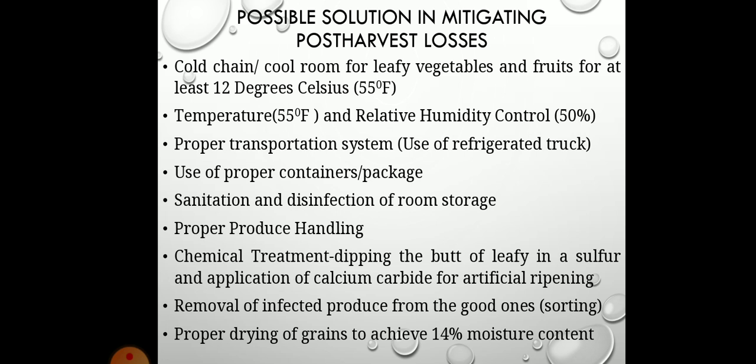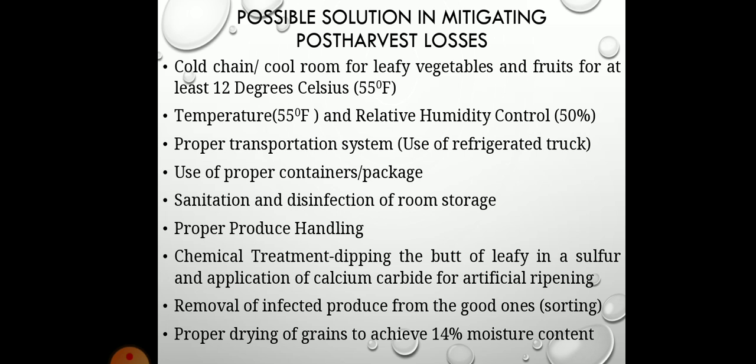It's very much recommended that the post-harvest practitioner have liners or dividers in order to avoid collisions of those fruits and commodities. Okay, sanitation and disinfection of the storage room is an important consideration for a post-harvest practitioner.